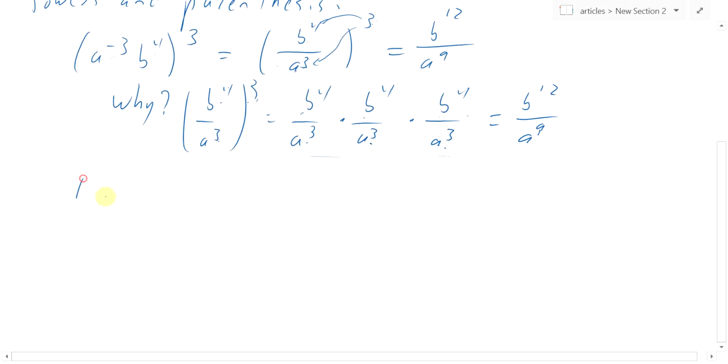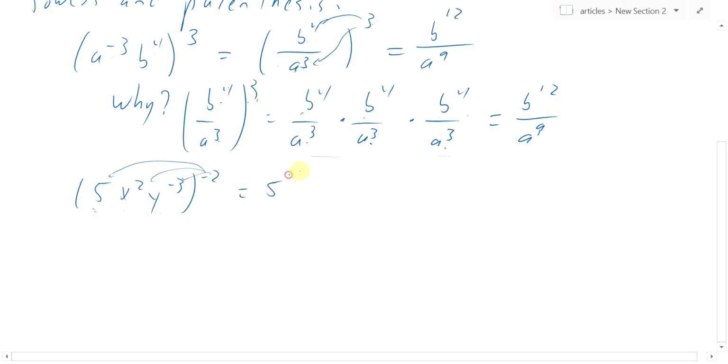You know, suppose we had 5x squared y to the minus 3, all to the minus 2. What is that? Well, there's no addition or subtraction inside the parentheses. It's all just multiplication. What I can do here now is start by distributing the power, and it goes to every term that's in there, including the 5.